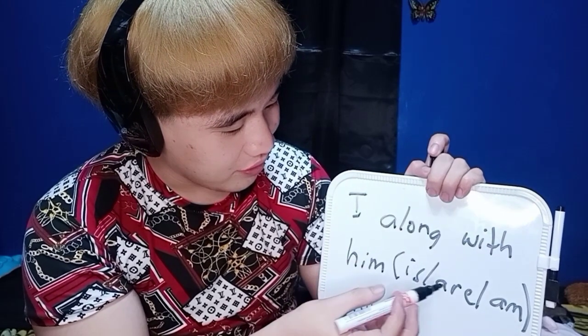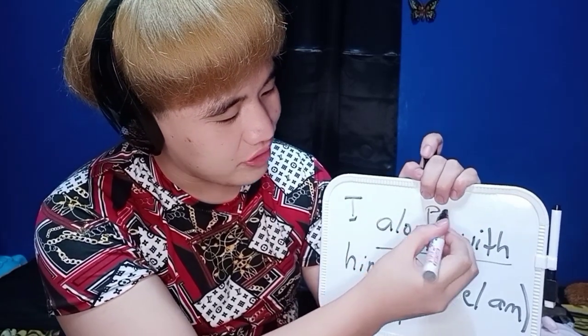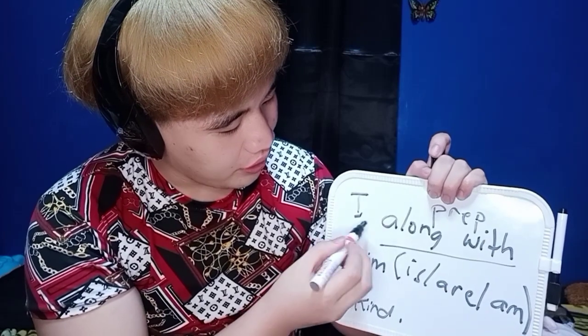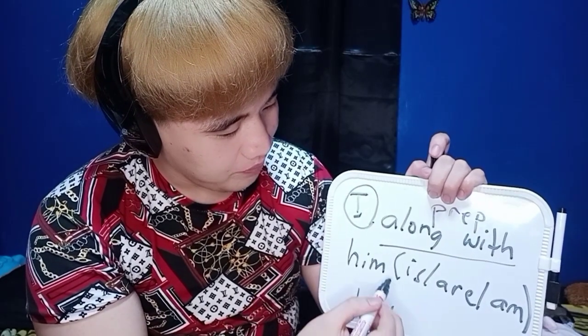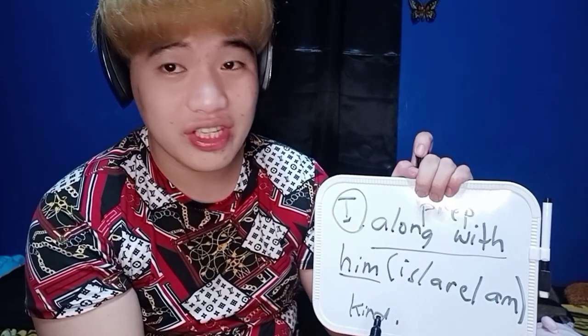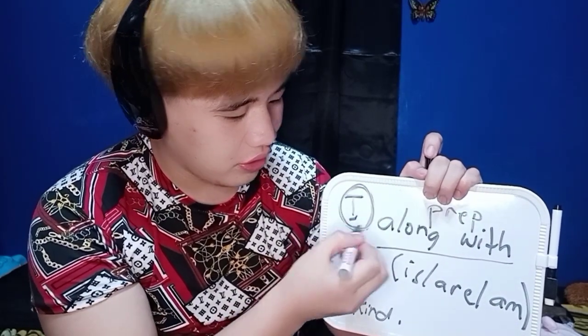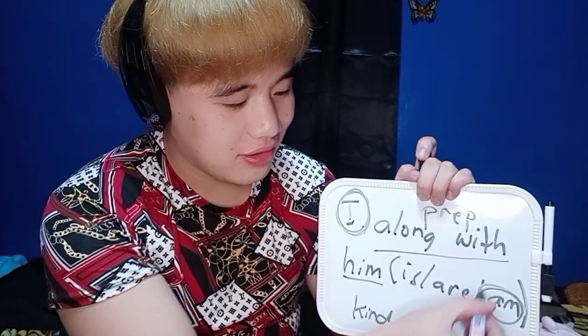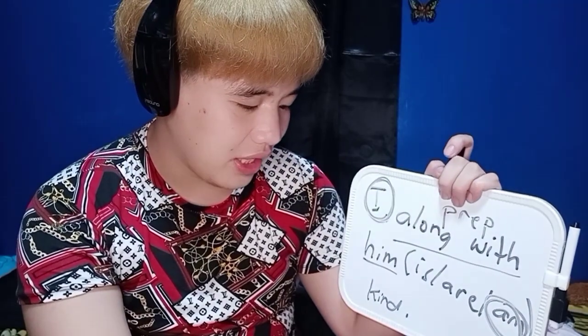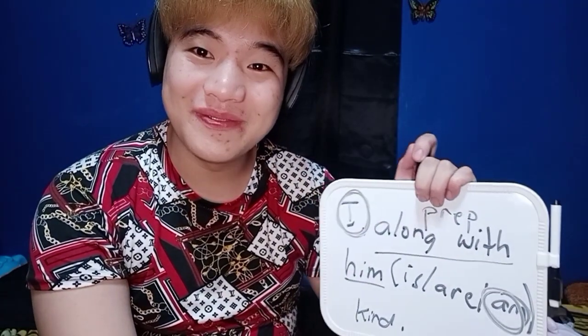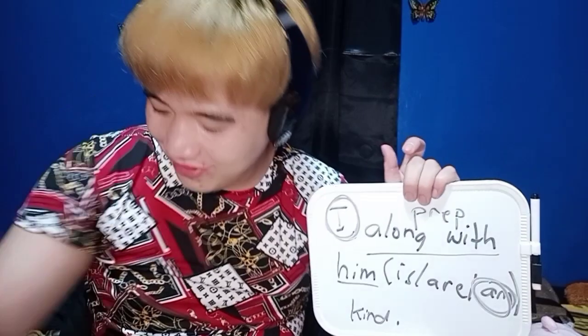So in this case, guys, along with, again, is a preposition, and then we have here a pronoun I. So definitely him is not a subject because we have here a preposition. So the only pronoun here is I. So what is the verb for I? Is or am? So yes, the correct answer is am. So I, along with him, I'm kind. Like that. Alright.